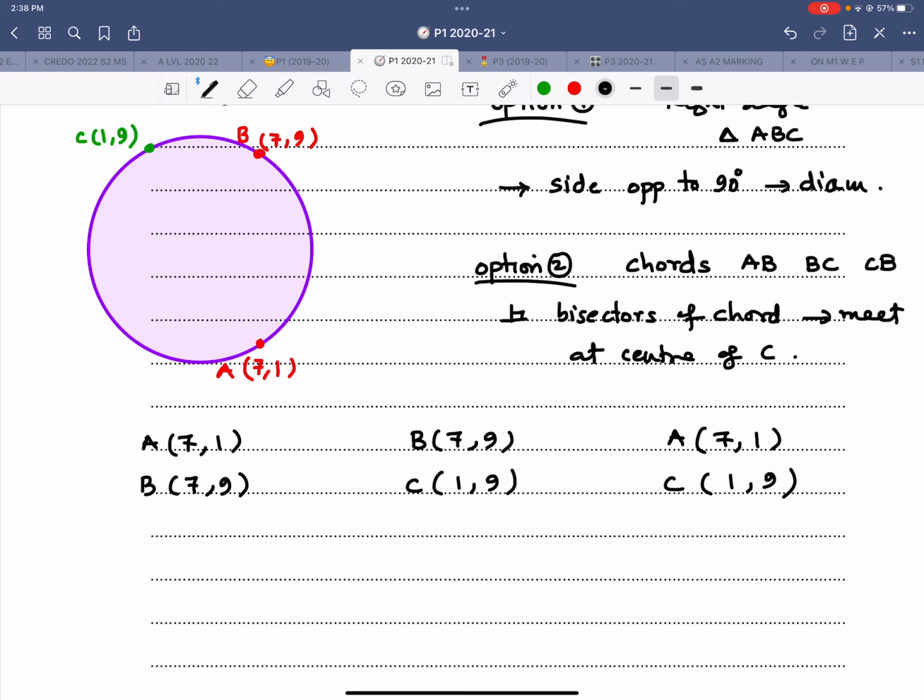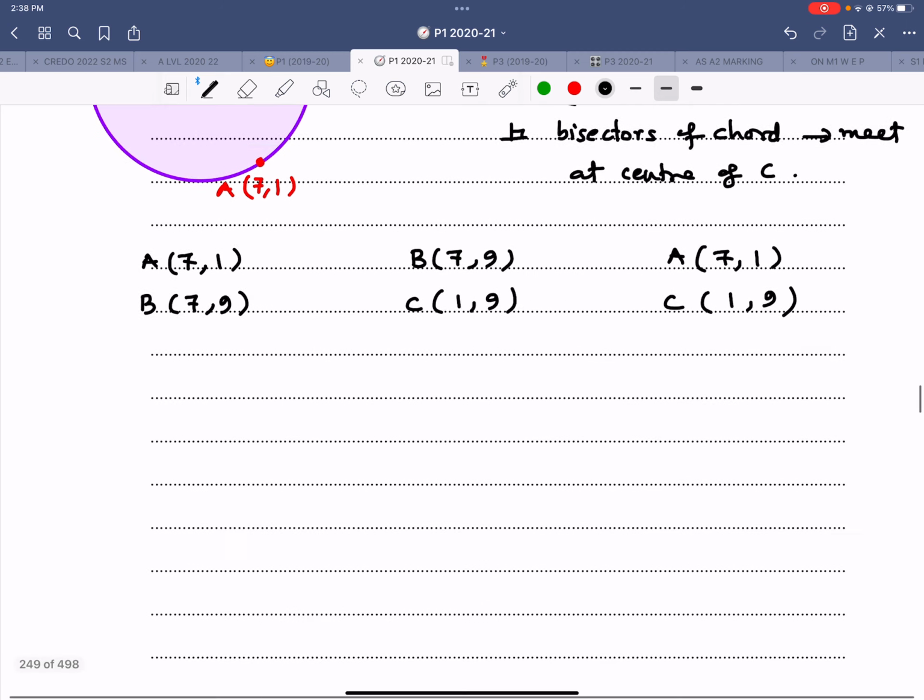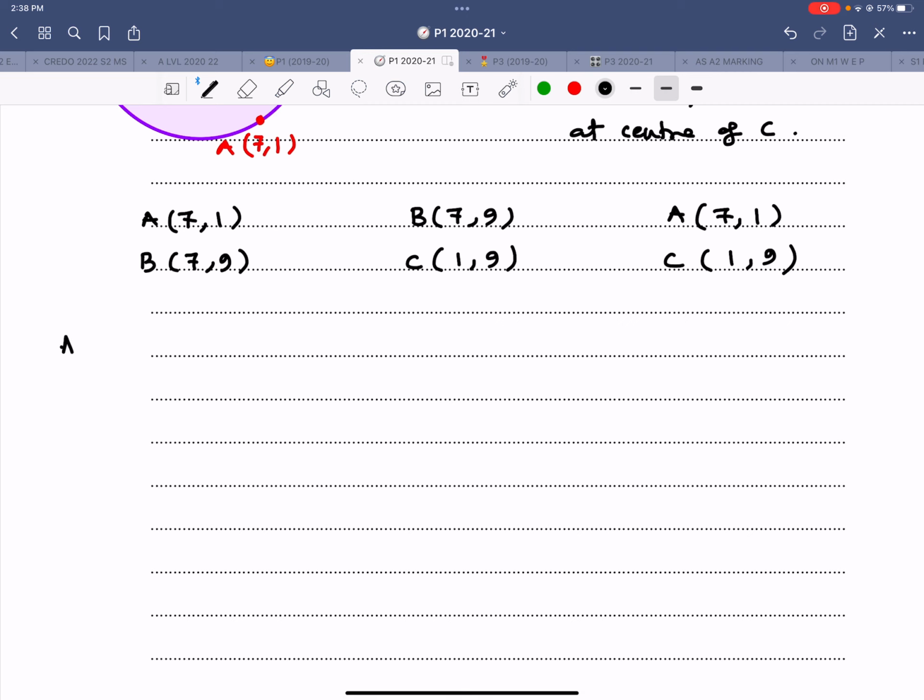Let me either find 3 distances or 3 gradients. If I find distances, I'll apply Pythagoras theorem. If I find gradients, any 2 multiplied giving you -1 means the angle is 90 degrees. Both options are possible. I think I'll go with the distances. For AB, 7 minus 7 is 0, 9 minus 1 is 8, 8 square, which is 64. I'm deliberately writing in terms of square root.